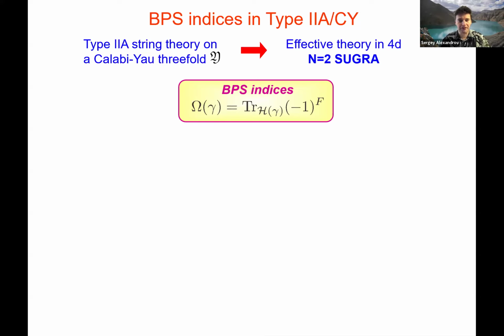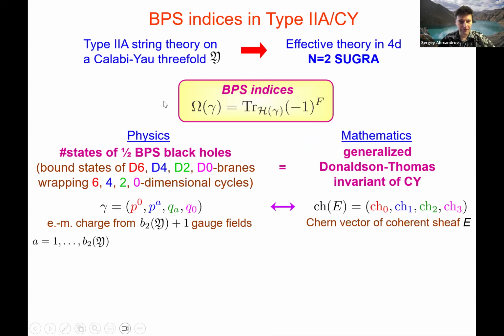In particular, they have physical and mathematical incarnations. From the physics point of view, for example, they count the number of states of half BPS black holes, which at the microscopic level can be constructed as bound states of D6, D4, D2, and D0 branes, which wrap respectively 6, 4, 2, and 0 dimensional cycles. And they're characterized by an electromagnetic charge vector, which one can decompose in components, where the first component corresponds to D6 brane charge, the second to D4 brane charge, and so on.